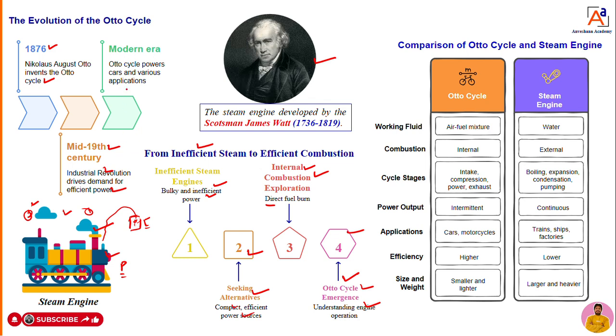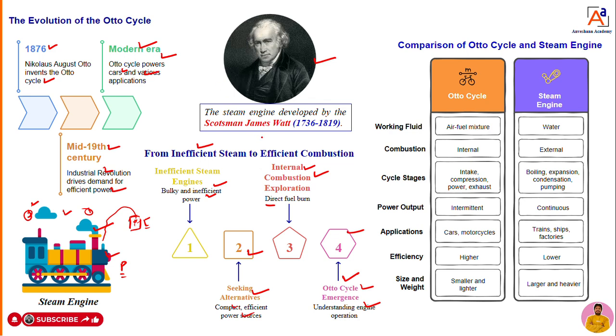After that, in the modern era, the Otto cycle started to power cars and various engineering applications. This is how the Otto cycle came into application, came into reality, dear students.